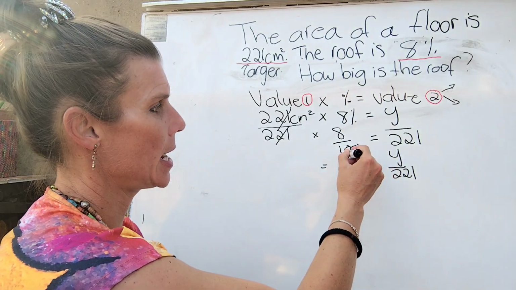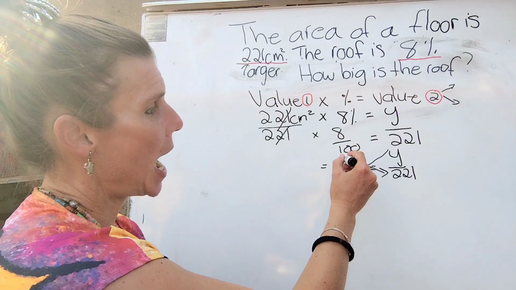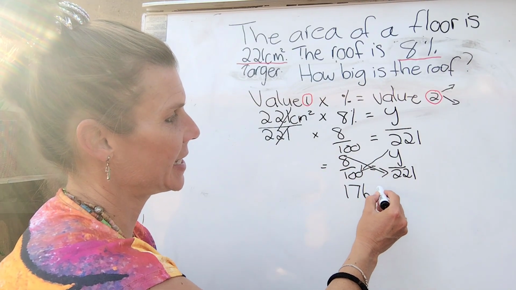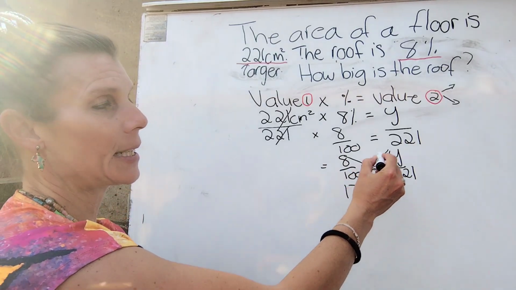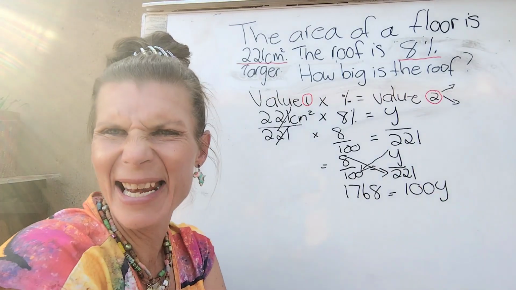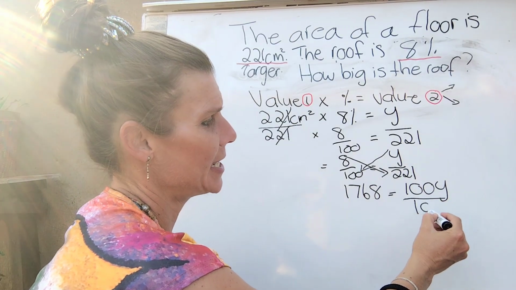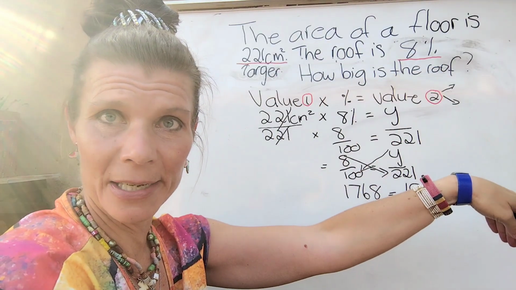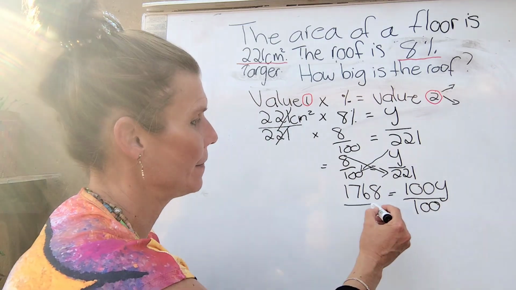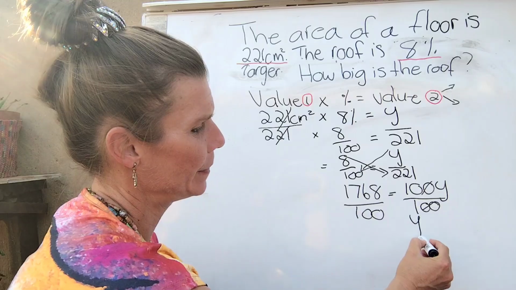Cross multiply. 8 times 221 gives me 1768. 100 times Y gives me 100 Y. Can I get the Y alone, please? Yes, I can. Divided by 100. What I do this side of my maths rainbow, I have to do that side of my maths rainbow. Divided by 100. My Y is finally alone.